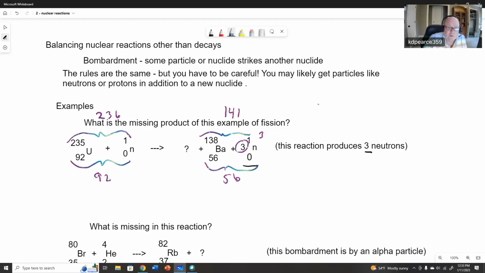And so we say 95 over here. And then we say what plus 56 gives me 92, and that would be 36. And so now we look for element number 36, and that turns out to be krypton, Kr. And we can check and go back, 95 plus 141, what is that? That's 236. And sure enough, it's 236 on the left-hand side.